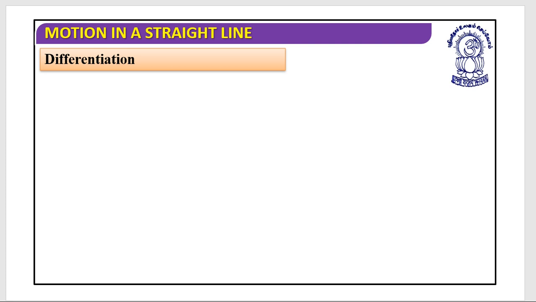Let's say I want to find out delta y by delta x, but if delta x is very small, then I can write like this.